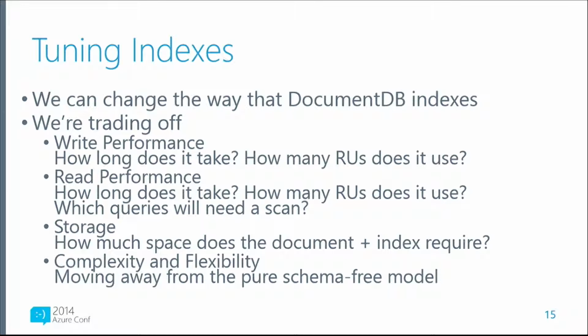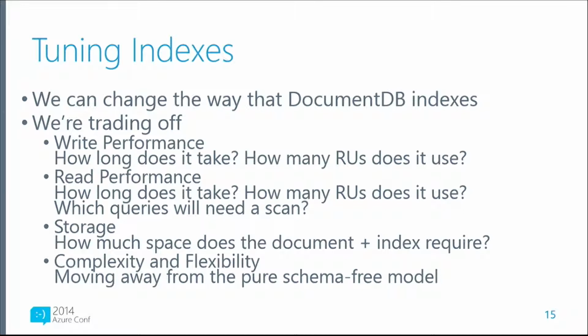We obviously want to avoid queries that are going to force a scan. And in fact, Azure Document Database makes you opt in to performing a scan. If you run a query and it thinks it's going to have to do an index scan, a collection scan, it will warn you, it will raise an error, and you actually have to specifically opt in to having the database engine perform that scan, because it's a very, very expensive operation.